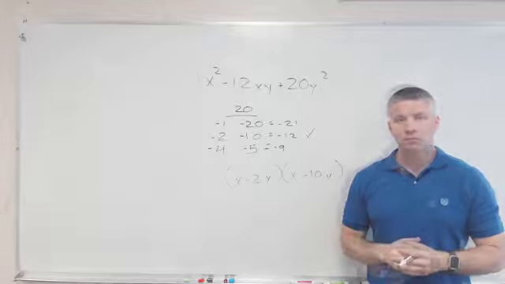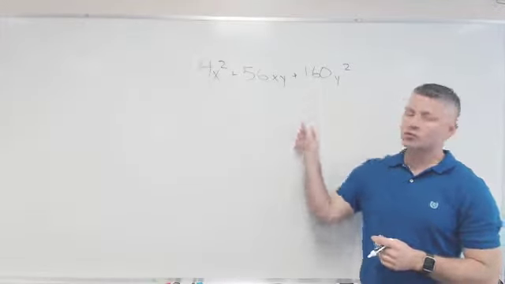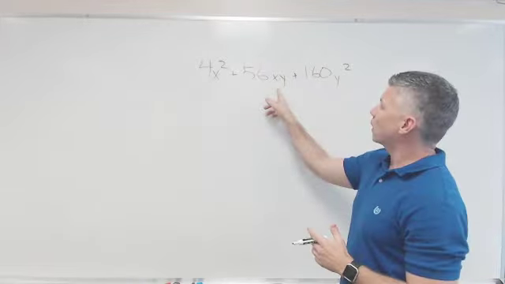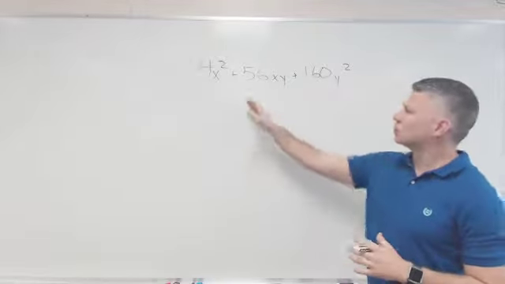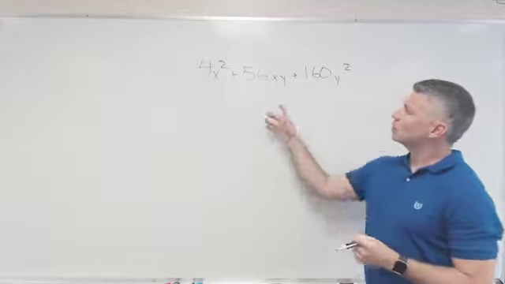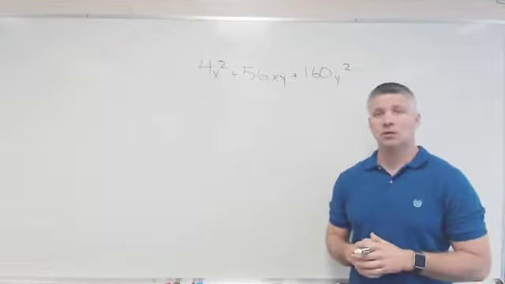Let's try another one. 40x squared plus 56xy plus 160y squared. You notice we have our x variables and our y variables, but you should also notice that, wow, these numbers are big. Do we notice anything else about 56 and 160?